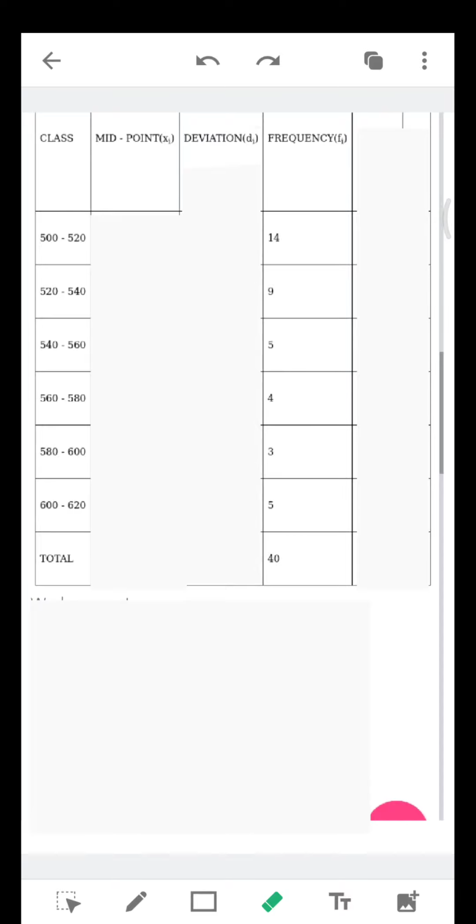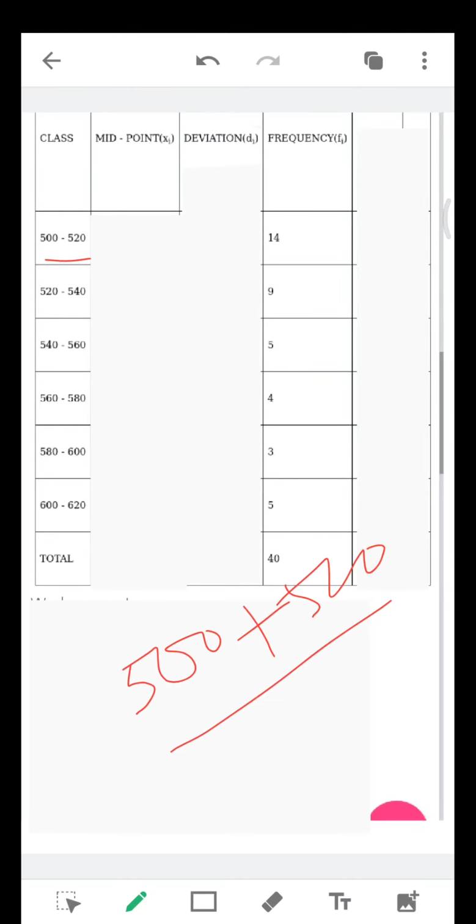or the mid values. So the mid value of the first one, that is 500 to 520: 500 plus 520 by 2, so that is 1020 by 2. If you solve it, you will get the mid values.